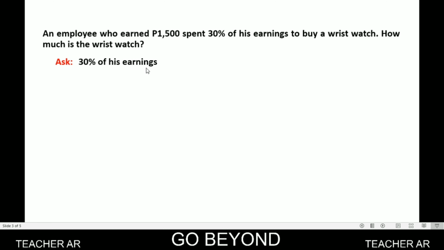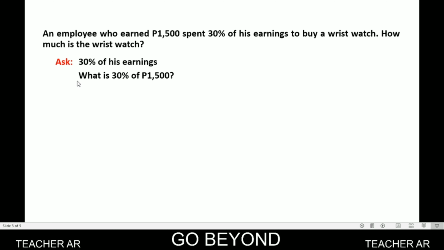So, 30% of his earnings, ibig sabihin, what is 30% of 1,500? Kasi nga, earning niya dito is 1,500. So, what is 30% of 1,500 pesos?